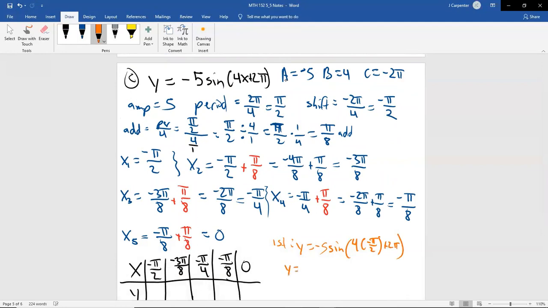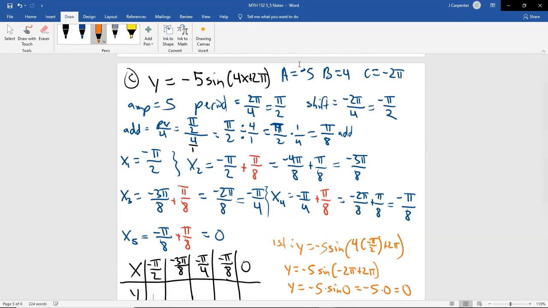So that's y equals negative 5 times the sine of, the 4 and the 2 reduce to a 2, so that'll be negative 2 pi plus 2 pi. So that's y equals negative 5 times the sine of 0, which is negative 5 times 0, which is 0.